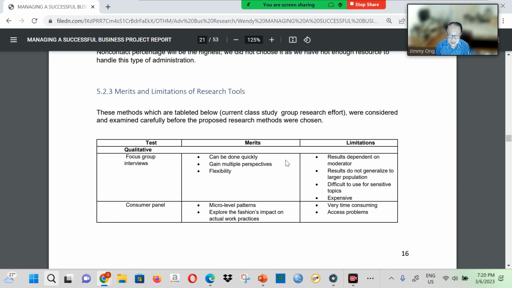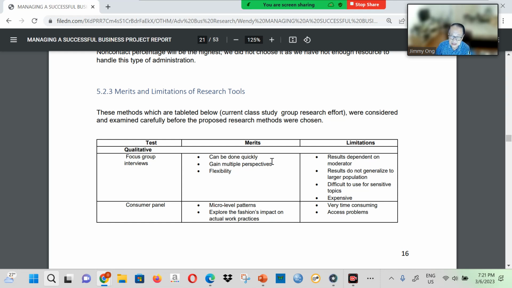And I have let you know that the assignment brief requires you to put some tables, some graphs, some figures. So this is the table which I recommend you to put, right? If we talk about focus group interview, what is the advantage, what's the disadvantage, what's the limitation?